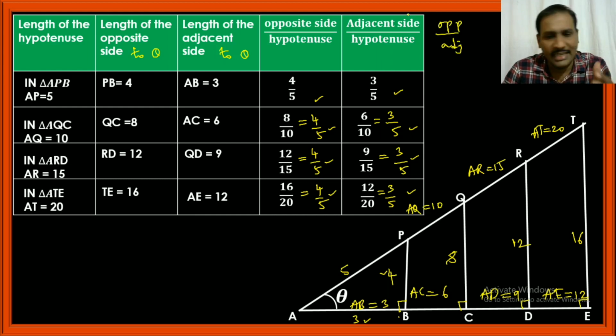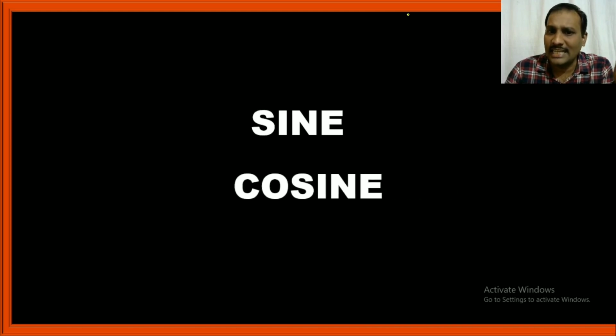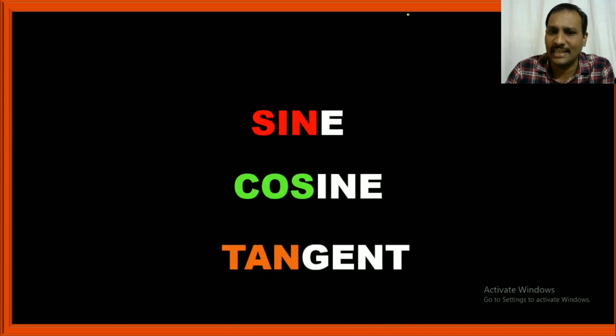So the relation is a constant relation. When these ratios are constants, why can't we give some special names to these ratios? Okay, so those special ratios, those special names are called trigonometric ratios. So the names are like this: SINE, COSINE, TANGENT.